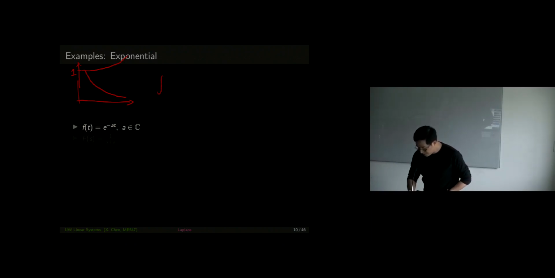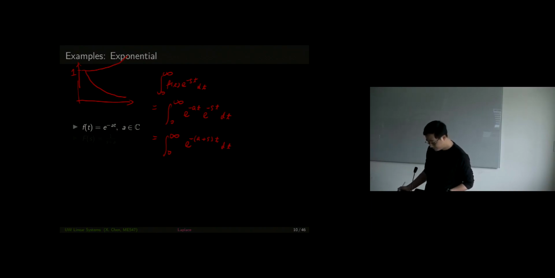The Laplace transform of this signal is the infinite integration of e to the negative at, now substituting e negative st inside, then we will have e to the negative (a plus s)t dt.